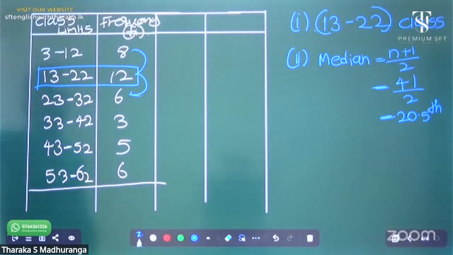This is a problem now. You have to use your general knowledge. Which class do we need to add for 20.5?